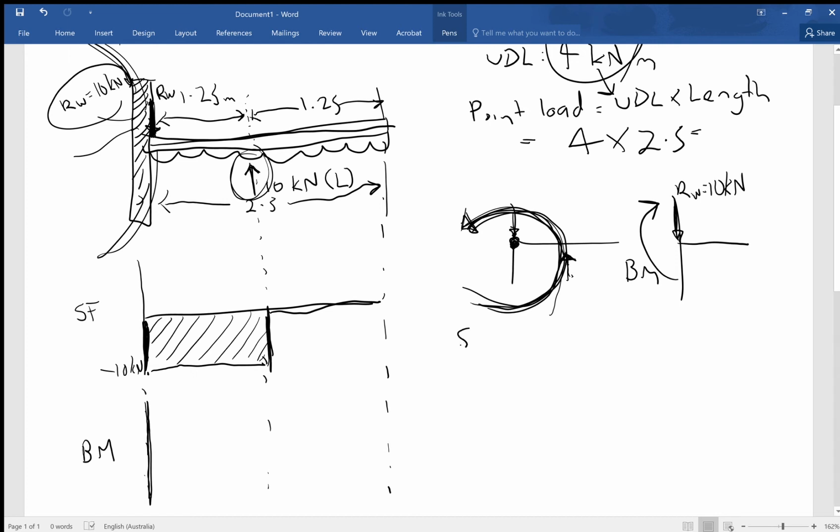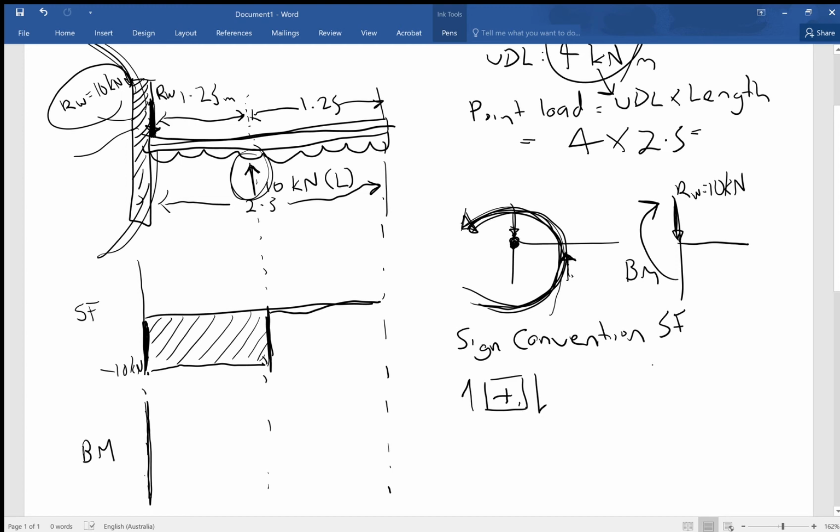Okay, so sign convention for shear force: if you have a section where the forces are wanting to rotate the object clockwise, it's going to be positive.